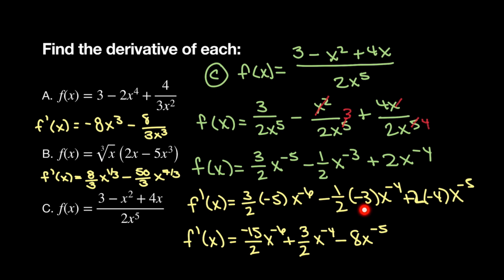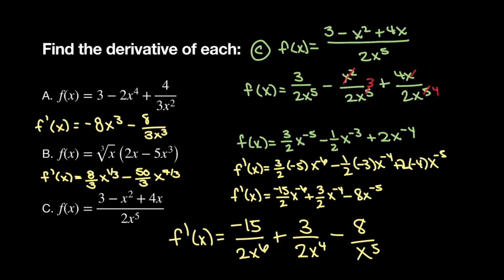Minus 1/2 times minus 3 would be plus 3 halves, x to the negative 4. And then plus 2 times minus 4 is minus 8, x to the negative 5. And there's my answer. I can also rewrite this answer with positive exponents by taking those negative exponents and moving them to the denominator. So this answer can also be written as negative 15 over 2x to the 6, plus 3 over 2x to the 4th, minus 8 over x to the 5th.